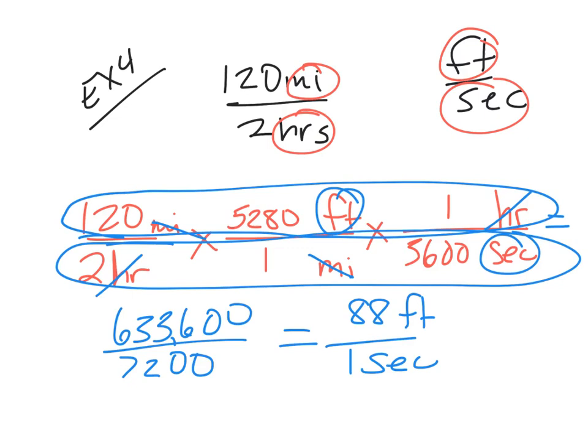It's just these amounts right here. I was doing 120 by 5280, and then I did 2 times 3600. So at the end, you should get 88 feet per second.